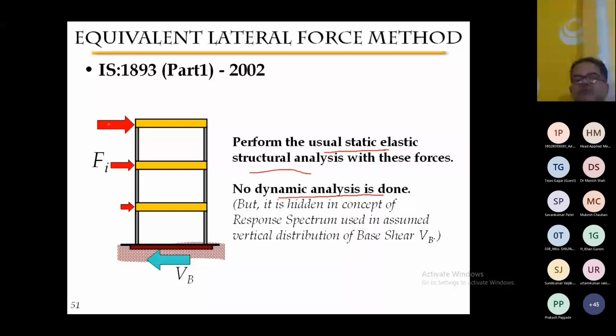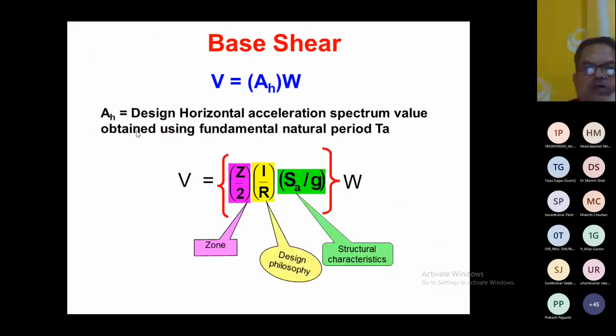So this response spectrum is involved here, and it is basically the first mode which is considered, right? So this is what the equivalent lateral force method or static coefficient method is, right?